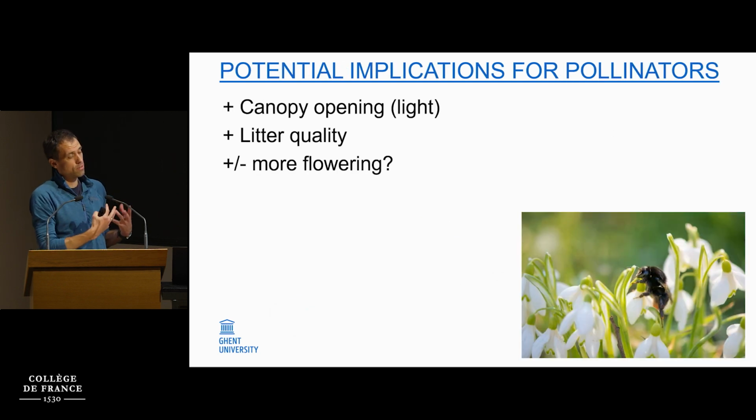Good, so the potential implications for pollinators will depend, of course. This light availability, canopy opening, microclimate will, of course, have a big impact and might have a positive impact if canopies become more open, might also result in more flowering of forest plants.